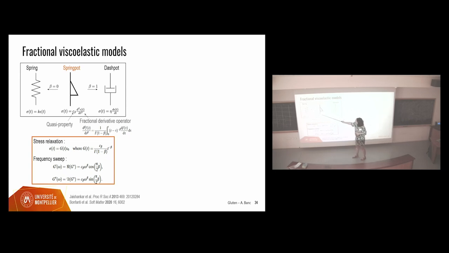And there's a prefactor here that is qualified as quasi-property because the dimension of this prefactor is quite strange. Anyway, if the order of the derivation here is 0, you get a spring. If the order of derivation is 1, you have the dashpot, and all intermediate values between 0 and 1 can be used.